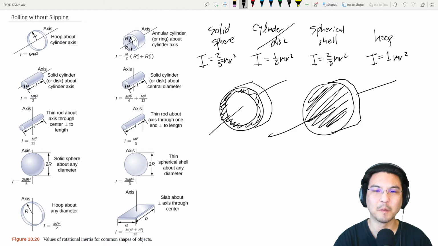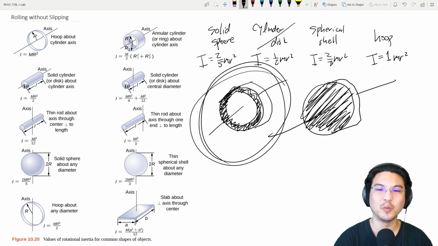You see how for the hoop, more of its mass is distributed farther away from the axis of rotation, but for a disk, it's kind of evenly distributed. So then the hoop would have a larger moment of inertia.